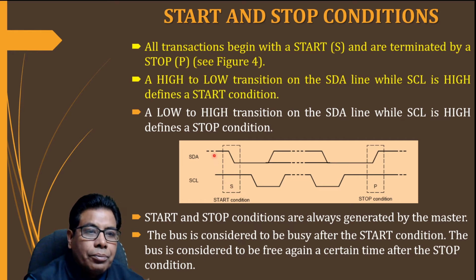Here you can see the data line going from high to low while the clock is high. That we call the start condition. So here this is designated as S. This part, the data line going from high to low while the clock is high.